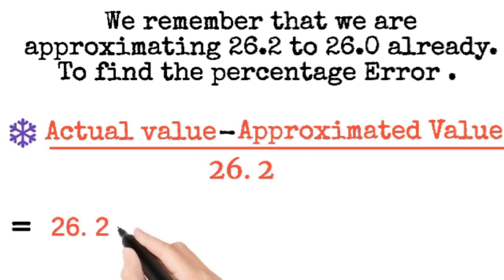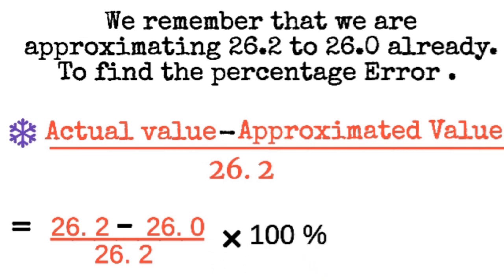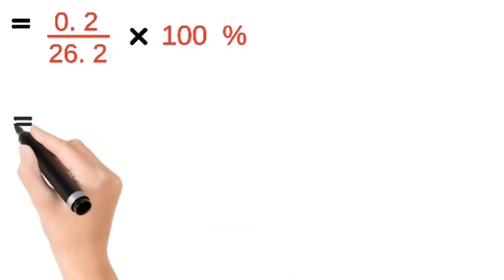In other words, the actual value minus approximated value over the actual value, multiplied by 100%. 26.2 minus 26.0 all over 26.2 multiplied by 100%. It will be 0.2 over 26.2 multiplied by 100%.